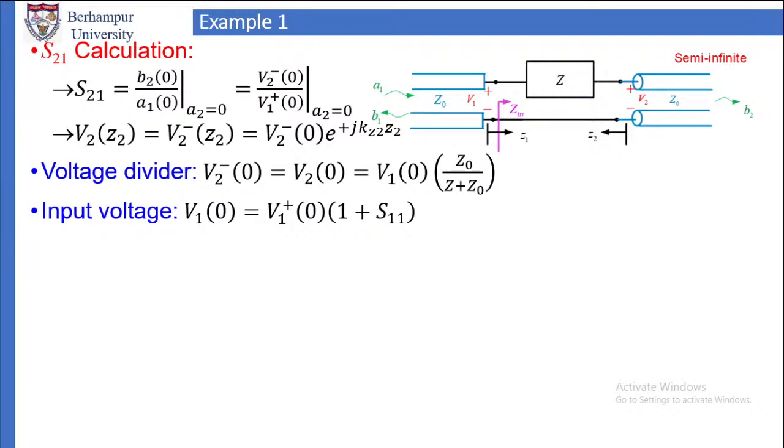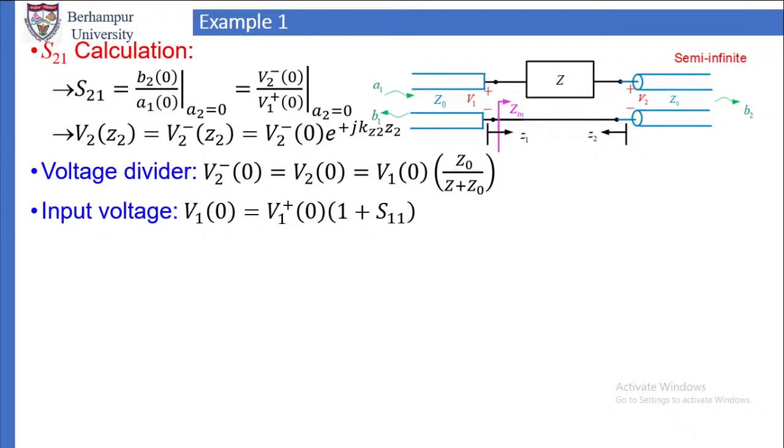You know, if you have two resistances R1 and R2 in series, and you apply a voltage V across these two resistances, then you find the voltage across R2. That will be R2 by R1 plus R2 into voltage V. So use that principle, the voltage divider principle.